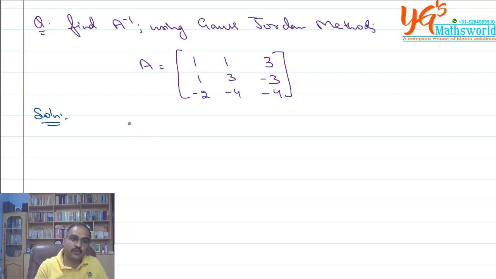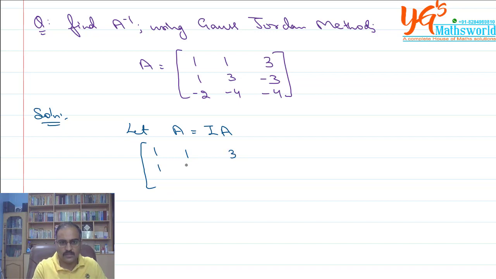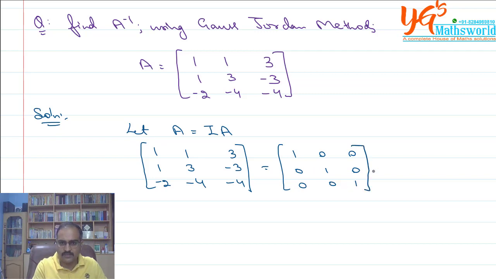Okay, so we know that A is equal to identity into A. Now this A matrix is [1 1 3; 1 3 -3; -2 -4 -4] is equal to the identity matrix [1 0 0; 0 1 0; 0 0 1] into A. It is of the same order as the given matrix.